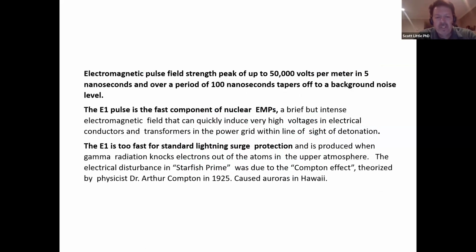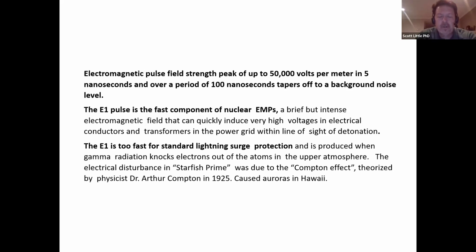And the E1 pulse, again, that's that first one, that really fast one, that's within about 5 nanoseconds. It's brief, but it's very intense. It has a lot of gamma rays in it because it's moving very fast, and can induce very high voltages in conductors and transformers, as long as they're within the line of sight.